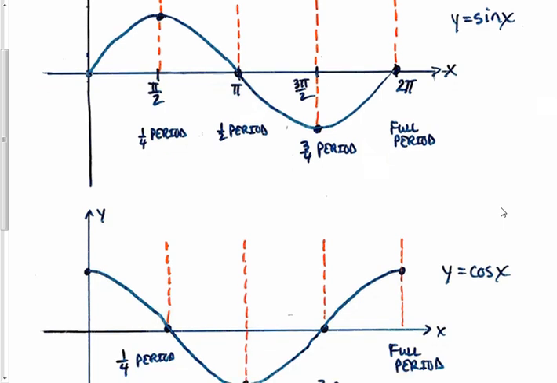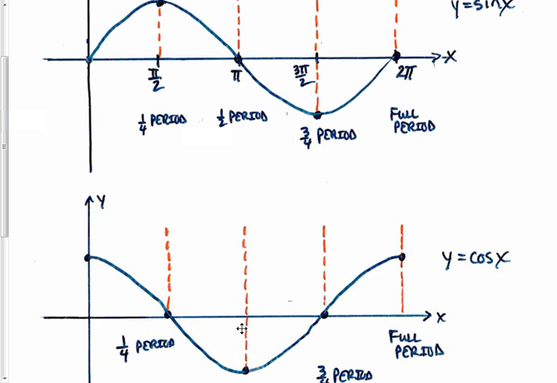In the cosine function, when x is 0, we start high, but at the first quarter point, we're at an x-intercept. At the next quarter point, which is pi, we're at the lowest place on the graph, the bottom of the amplitude.